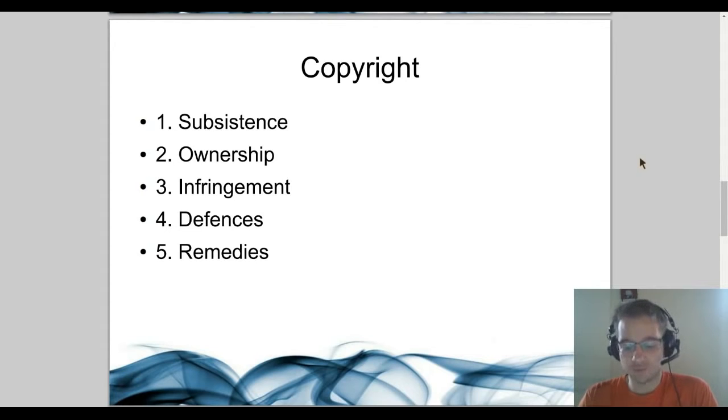So the acts that infringe a film are going to be different to the acts that infringe a broadcast, different to the acts that infringe a Part 3 literary work, again, different to the Part 3 musical works. So you need to be sure what those acts are, and you need to be able to find them in the legislation. Most importantly, you need to be able to identify them in the facts.